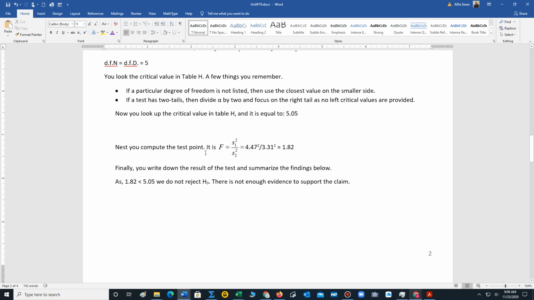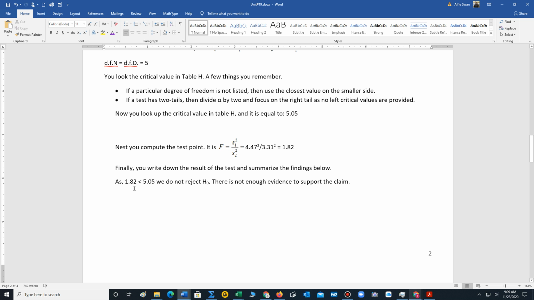Next, compute the test point. The test point is F equal to s1 squared divided by s2 squared. So we calculate this using our sample data. 4.47 squared divided by 3.31 squared, that's 1.82. And so finally, we make our decision.